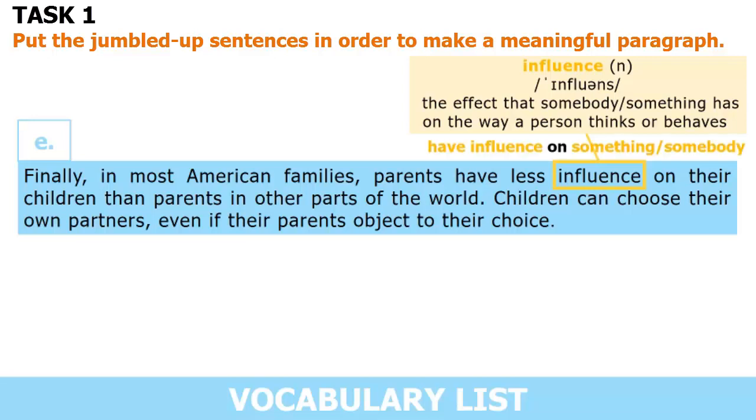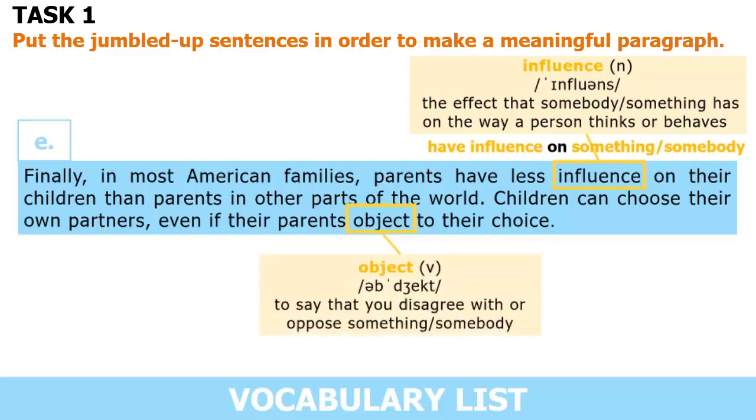It usually goes with the preposition on. The other word is object. Do you know this verb? Object to something or someone is to say that you disagree with or oppose something or someone. The Vietnamese meaning is phản đối.